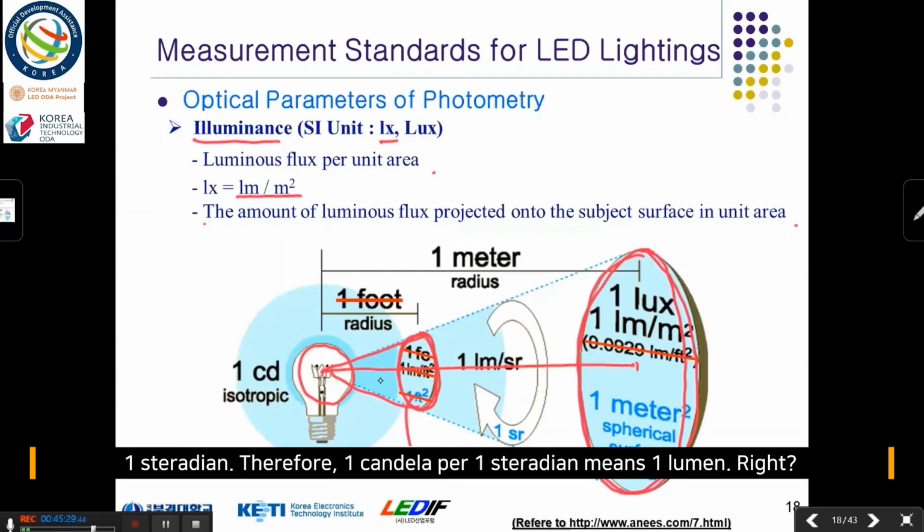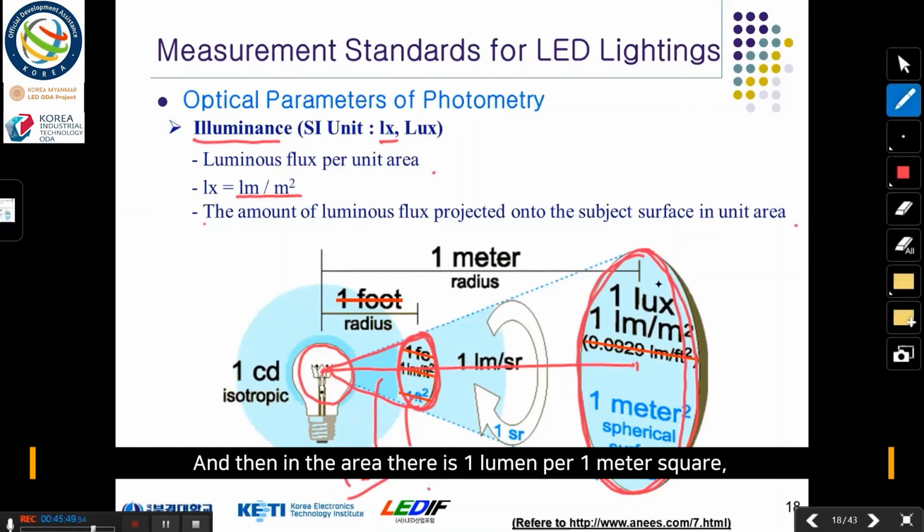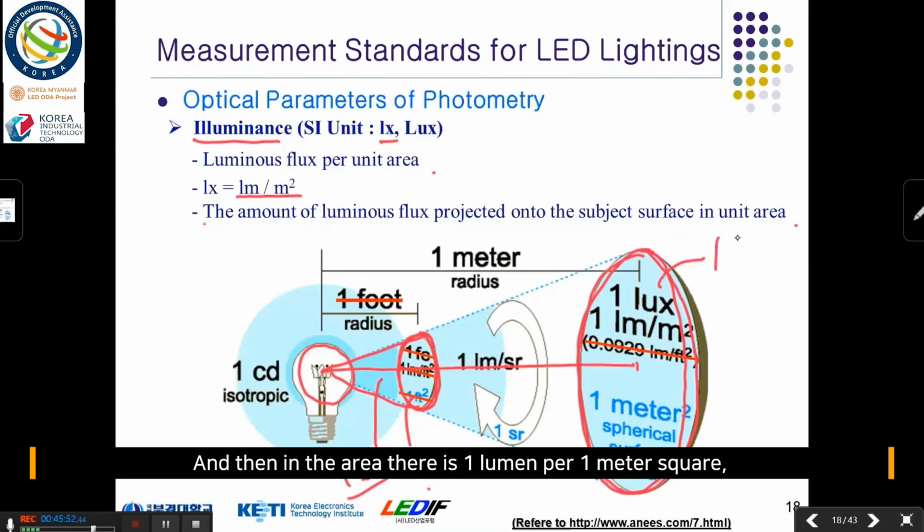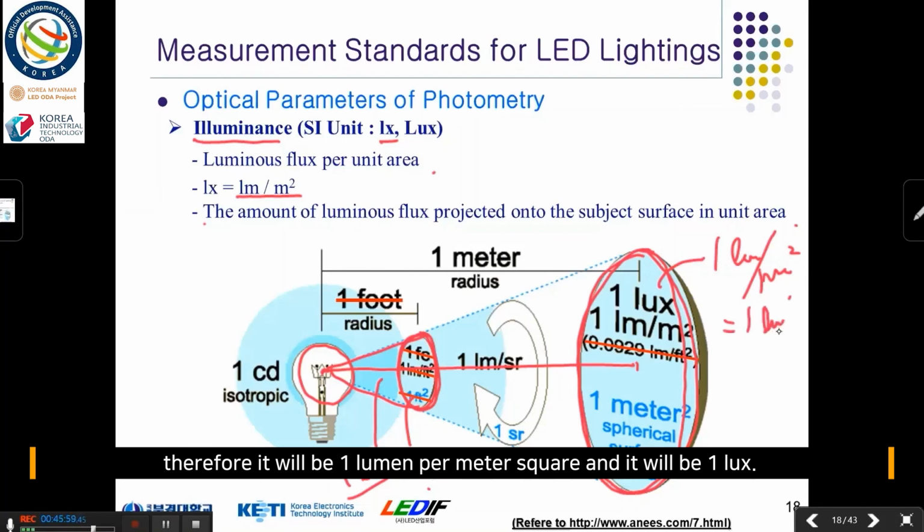Therefore, 1 candela per steradian means 1 lumen, right? And then in the area, there is 1 lumen per 1 meter square. Therefore, it will be 1 lumen per meter square, and it will be 1 lux. So, you derive illuminance from the luminous intensity of 1 candela.